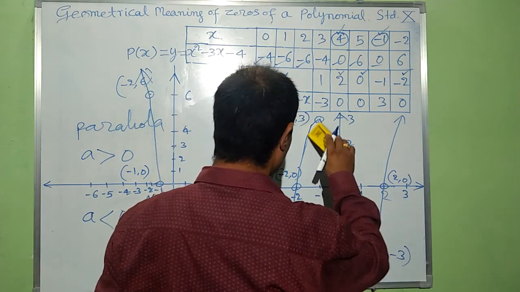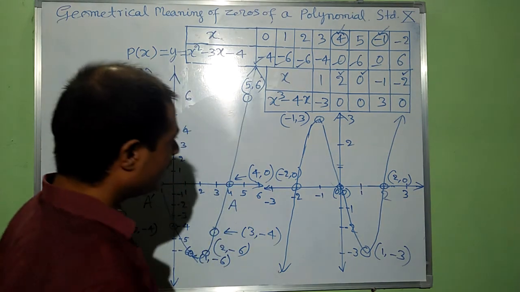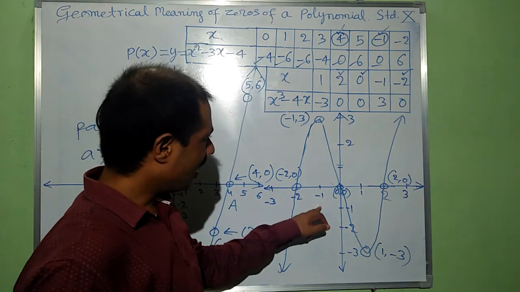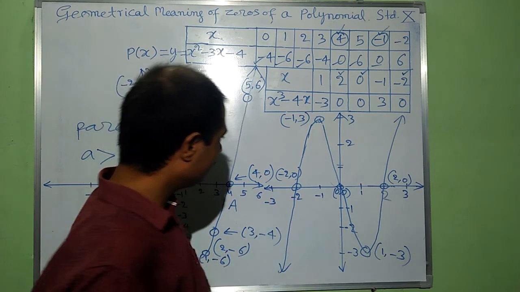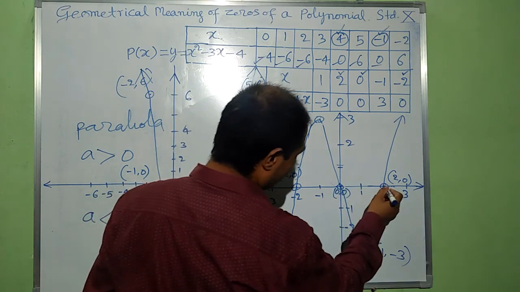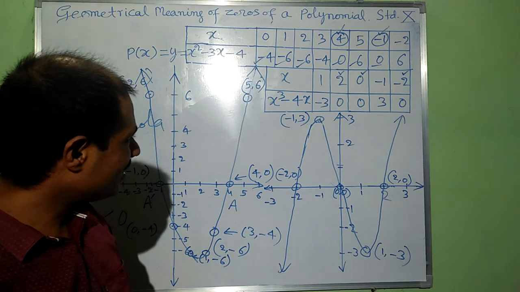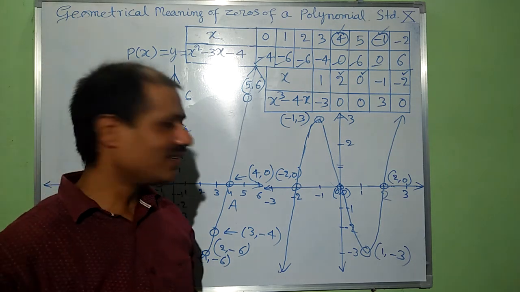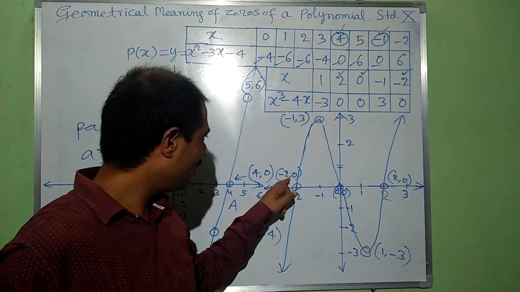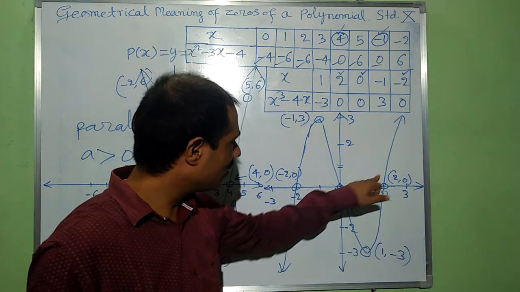Here we observe that this curve intersects the x-axis at this one point, this is second, and this is third, at 3 distinct points. And these distinct points of the x-axis are minus 2, 0, and 2.